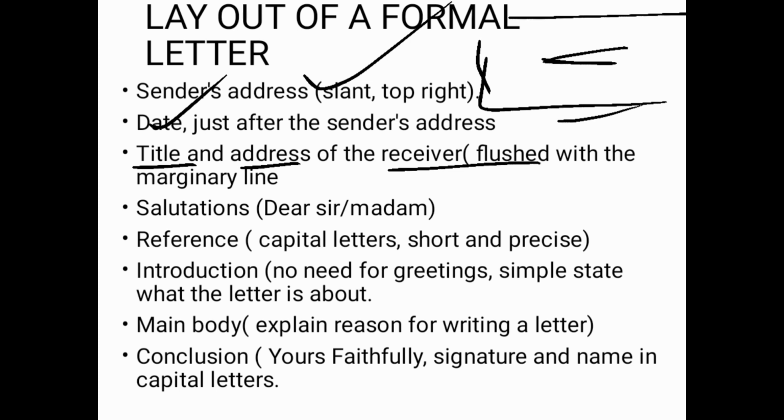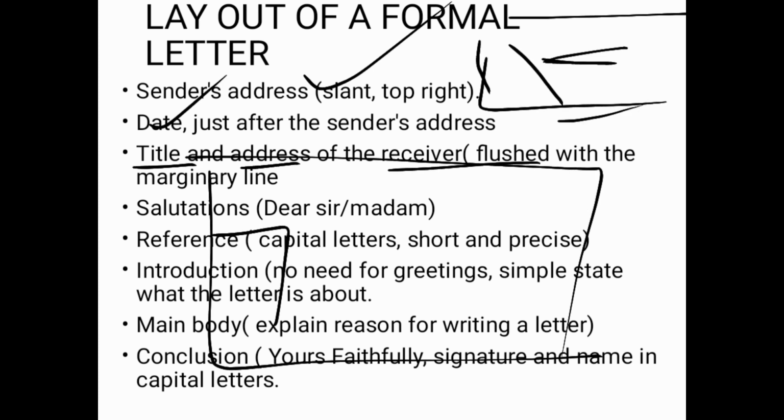Here, if this is your page, the receiver's address should be written at the bottom left. All these things must be flush with the imaginary line. You don't need to leave a space, because the sender's address should slant, but this one should just be flush with the imaginary line. I'll demonstrate this. Don't worry.